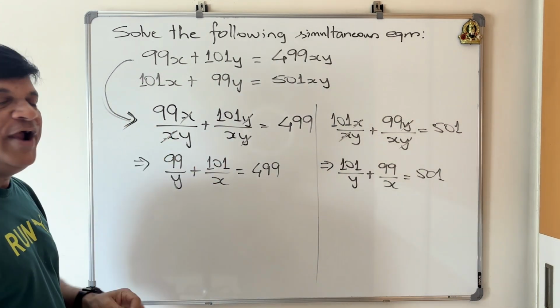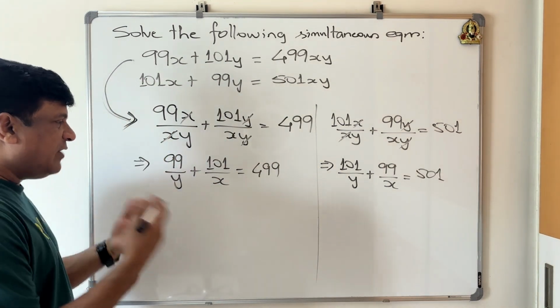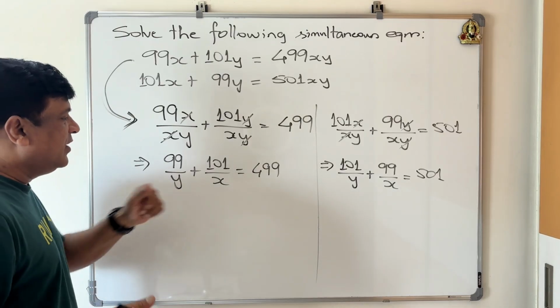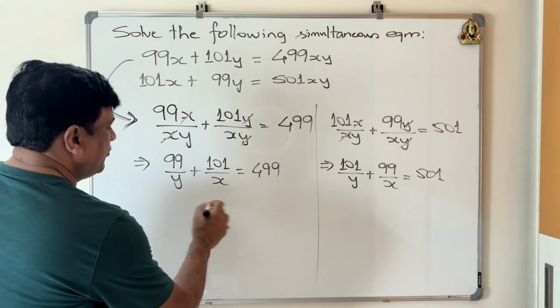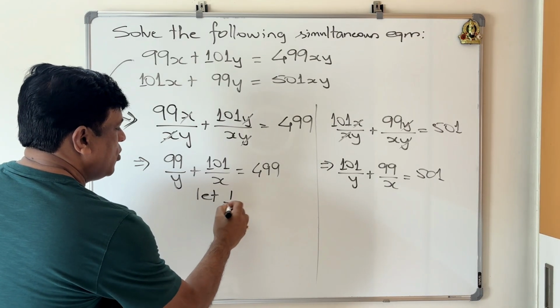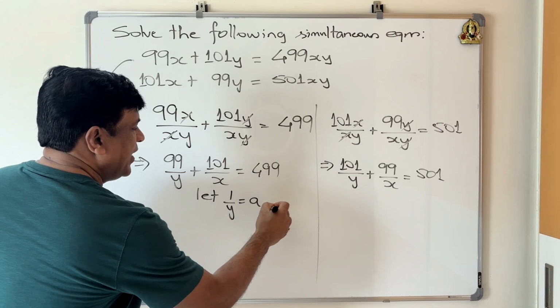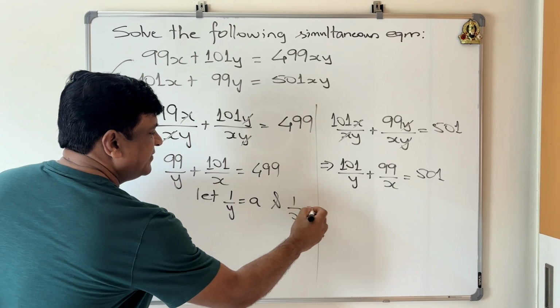Now, are you going to go ahead and solve this one? What I will do is one more piece of substitution so that I'll make it a very simple linear equation. Let 1 by y equal a and 1 by x equal b.